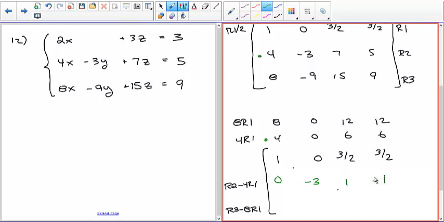Okay, so that's the new row 2. And let's do blue here. So then we take row 3 and subtract 8 times row 1. 8 minus 8 is 0. Negative 9 minus 0 is negative 9. 15 minus 12 is 3. 9 minus 12 is negative 3.